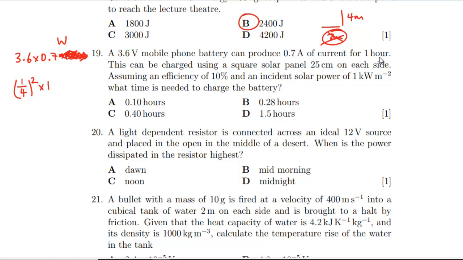So that is multiplied by 10 to the 3. We need to multiply by our 10% efficiency. And then if we keep everything in hours, then we can just say that's multiplied by t, and we need that to be equal to the same thing. So what have we got here? That's going to cancel with one of those. So we've got 100 over 16 all in all.